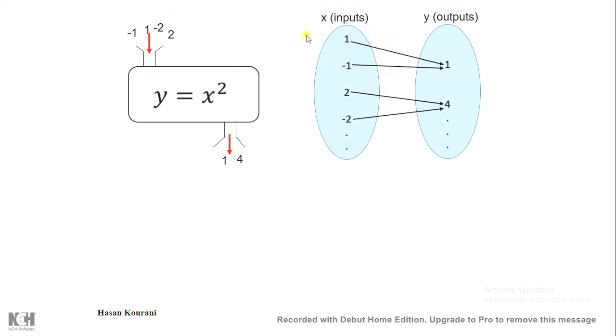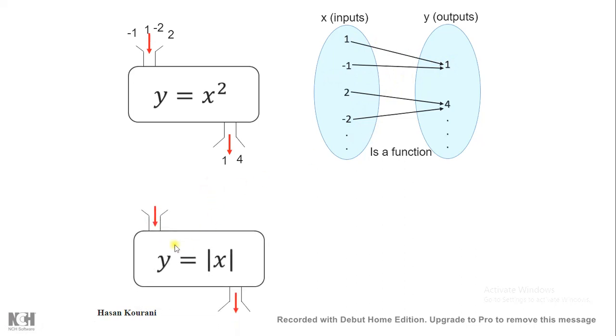And this can be illustrated by a relation between sets: 1 and minus 1 related to 1 according to this relation: 1 square 1, minus 1 square also 1, 2 square 4, and minus 2 square 4. Now, as you see, each element in the initial set is related to one and only one element in the second set, and this leads to say that this is a function, in fact.